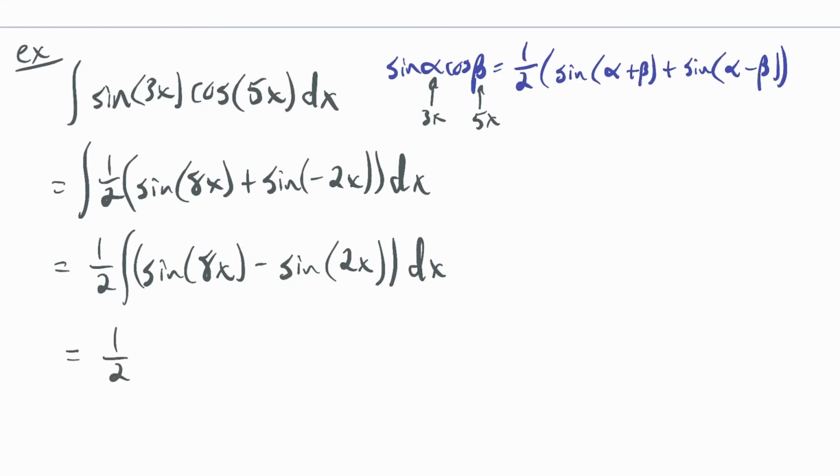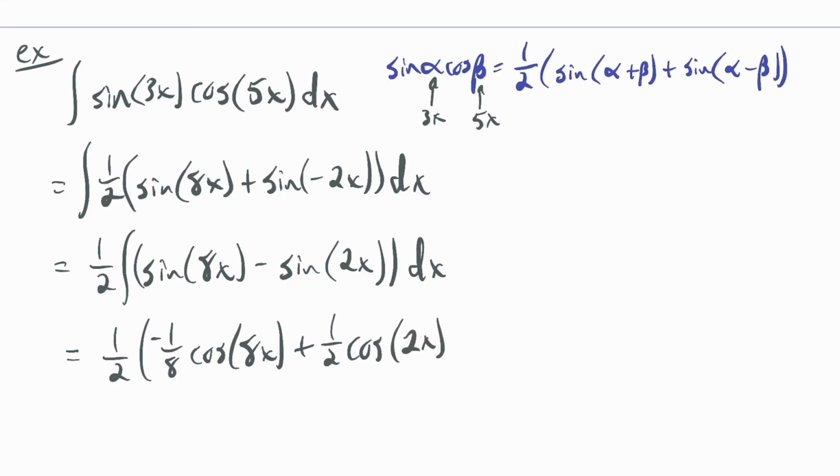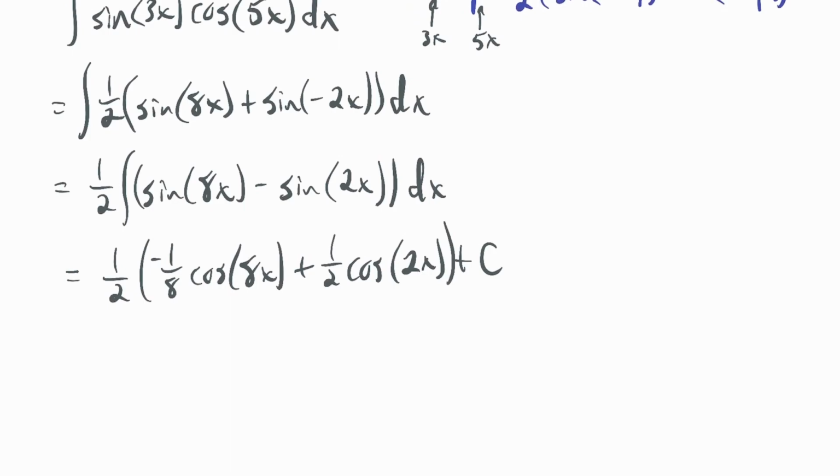So 1/2 times negative 1/8 cosine of 8x plus 1/2 cosine 2x plus C. And if I want, I can distribute the 1/2. So negative 1 over 16 cosine of 8x plus 1/4 cosine of 2x.